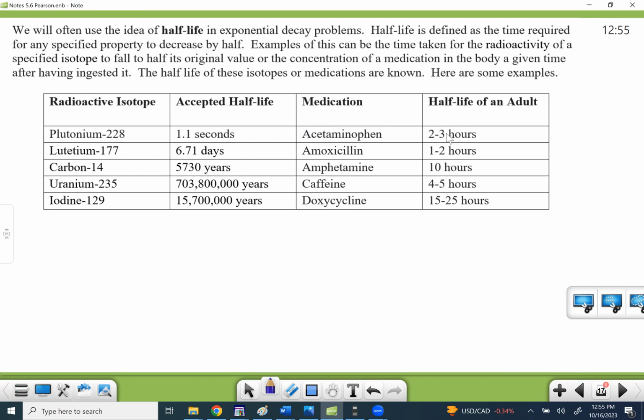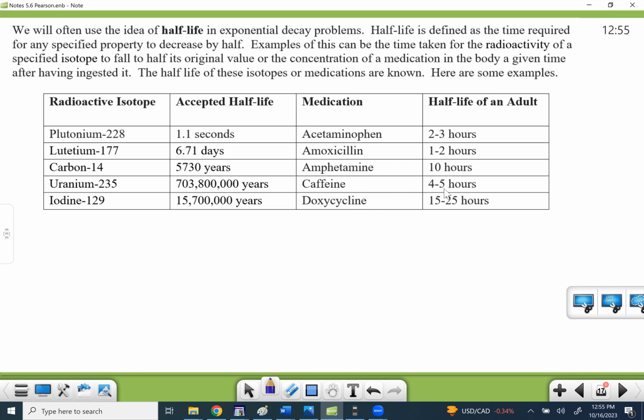So half-life just means, let's say that you took 8 milligrams of something, let's say acetaminophen, then 2 to 3 hours later, you should expect half of that. So you should expect 4 milligrams, okay? Caffeine's on here too, right?